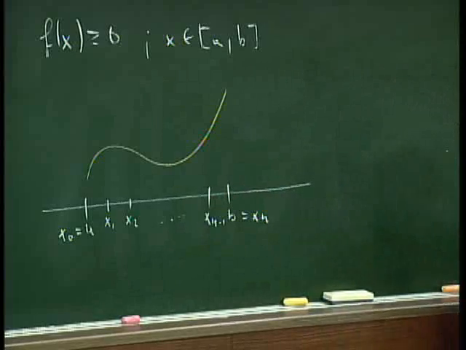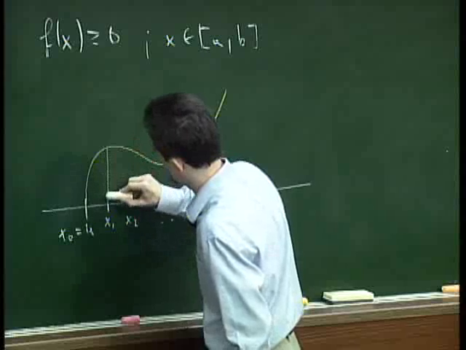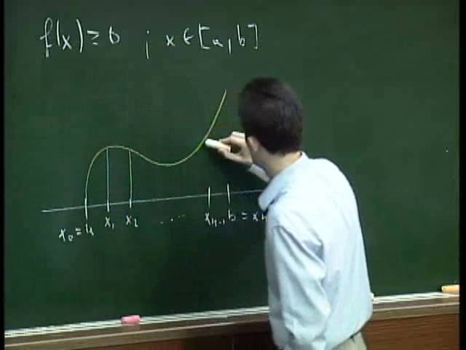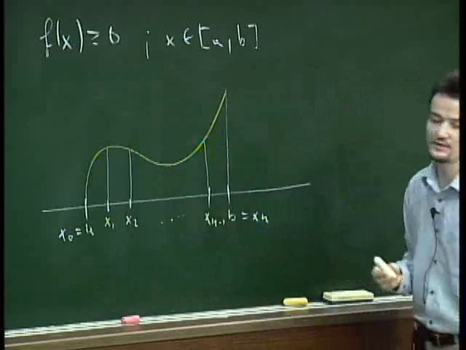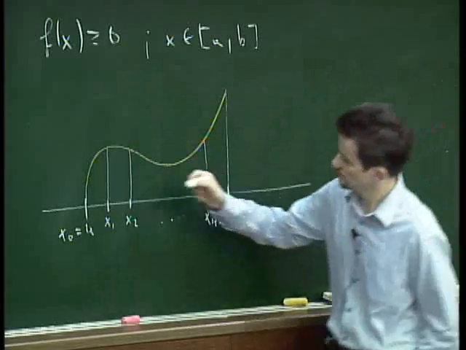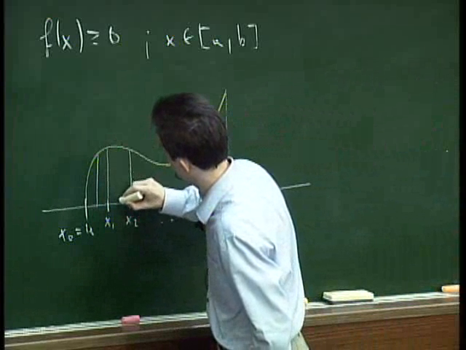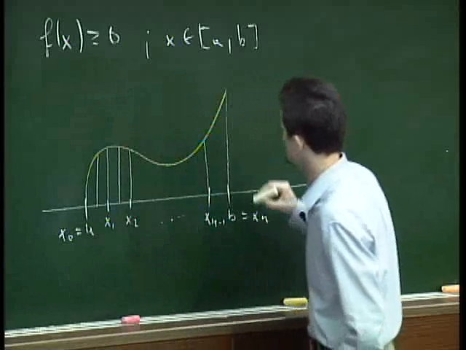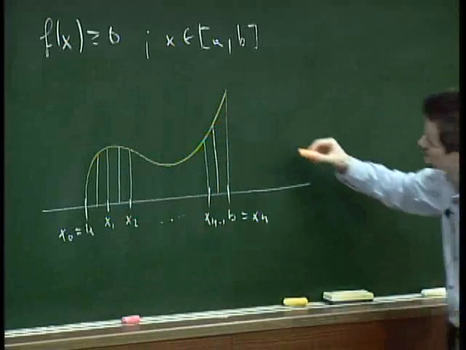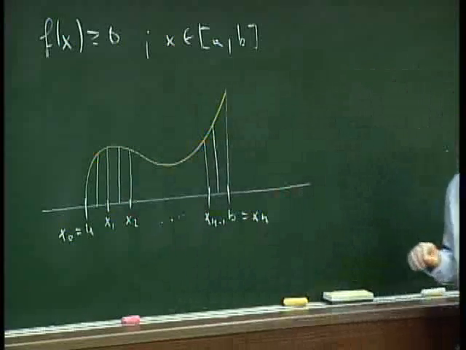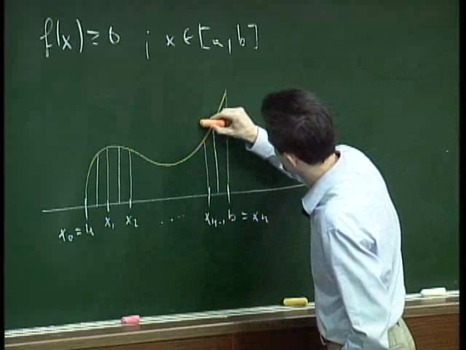Then in every subinterval, we choose some sample point. So we have first this subinterval, then this one, and here this one. For instance, let's choose this one, which serves then as the height of the rectangle. And then we approximate the area below this function by the sum of the areas of the rectangles which have this given height here.